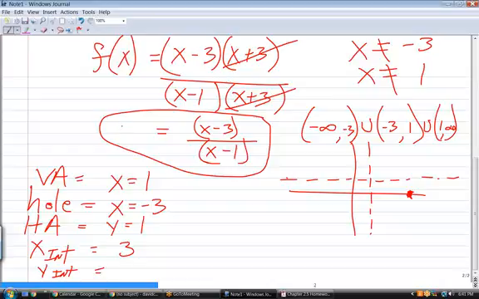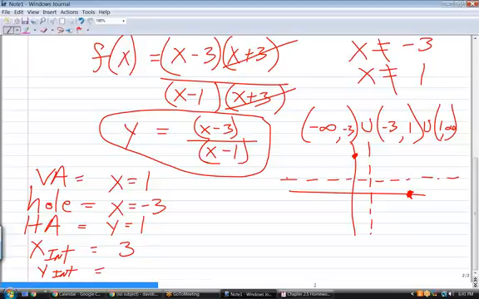Remember what I said: the y-intercepts come when x is 0. So where's the y-intercept on this? Plug in 0 for x. That would be -3 over -1, which is 3. So there's the y-intercept right there.